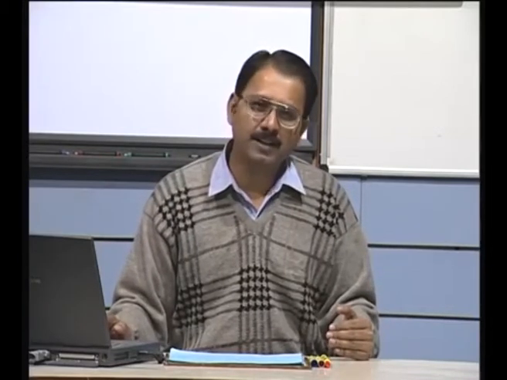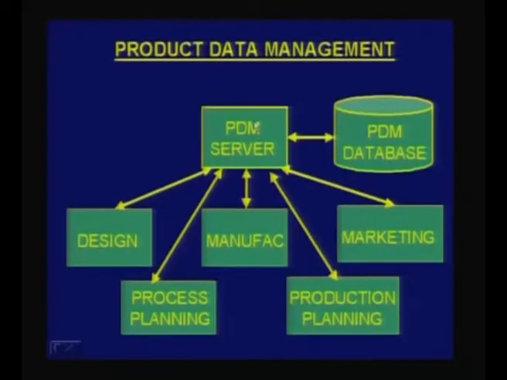Another way product data can be managed and exchanged is what is called PDM, or product data management software. What product data management basically consists of is a server, which is a computing system used to exchange information between various departments. Then it also has a database where the information is stored.